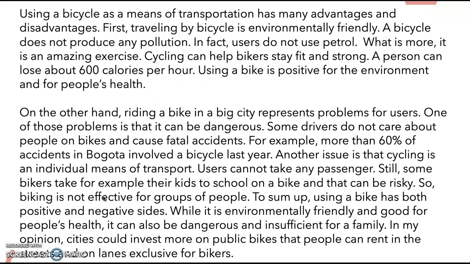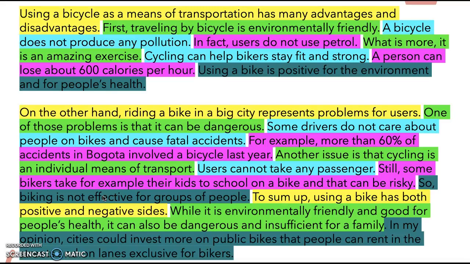Here we have two paragraphs. This is a complete pros and cons composition. In this case, it is about using bicycles as means of transportation, and here I'm gonna show you the different parts. As you can see, the first part is in yellow. It is our first topic sentence. As you can see, it shows that we're going to be reading about advantages and disadvantages of using a bike.